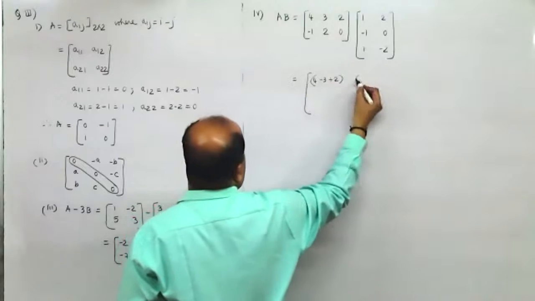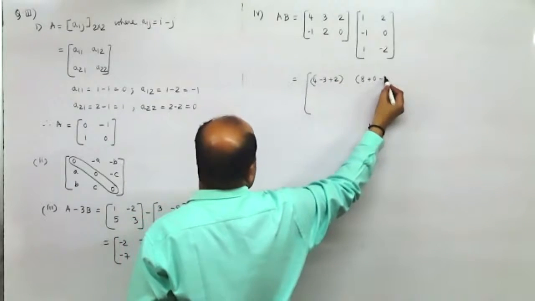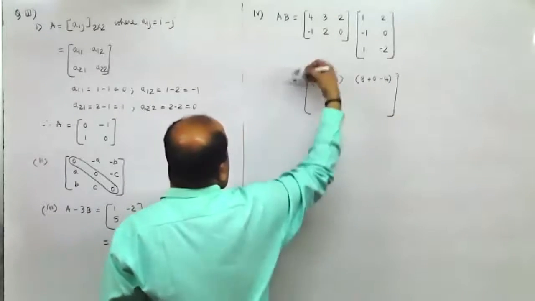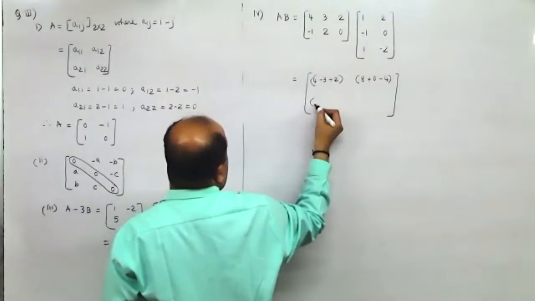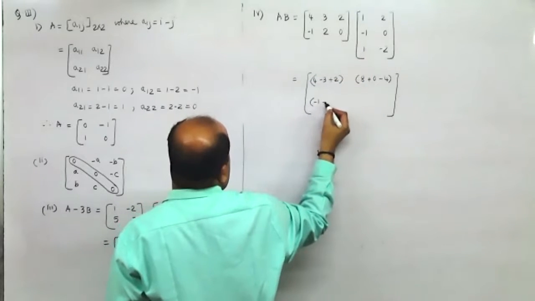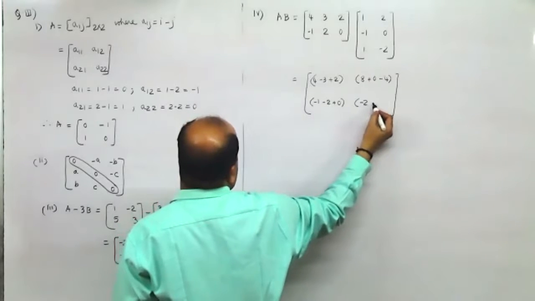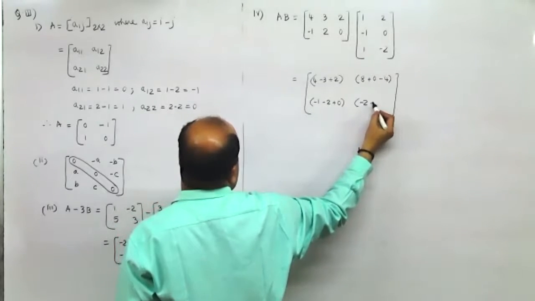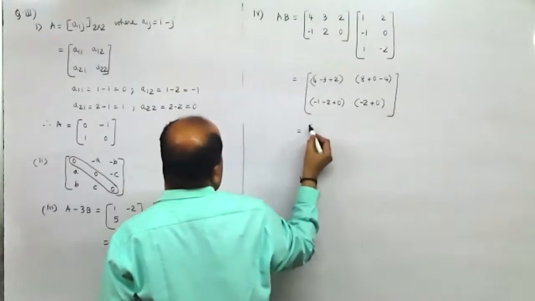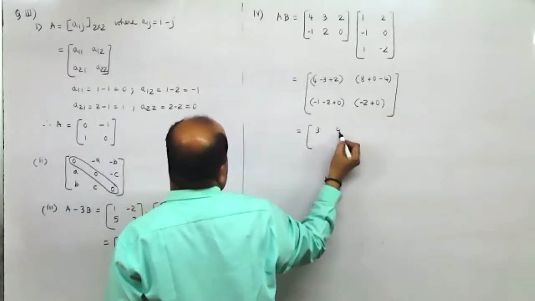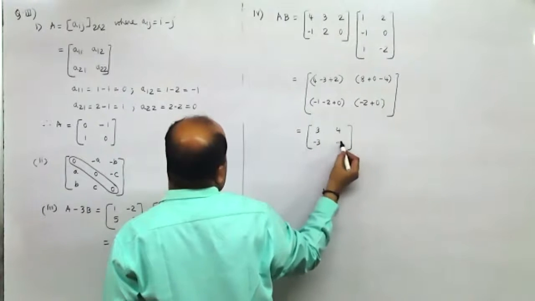This would be 4 into 2, 8, plus 0, minus 4, minus 1. This would be minus 2 plus 0. This would be minus 2 plus 0 minus 0. This would be 1 plus 2, 3. This is 4. This is minus 3 and this is minus 2.